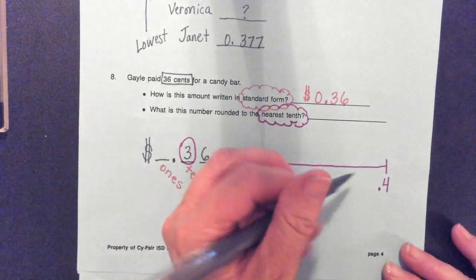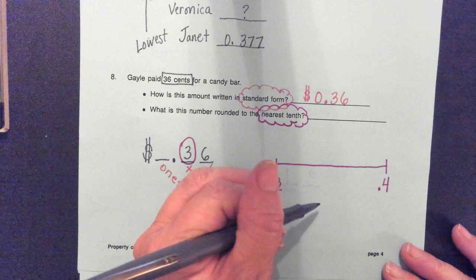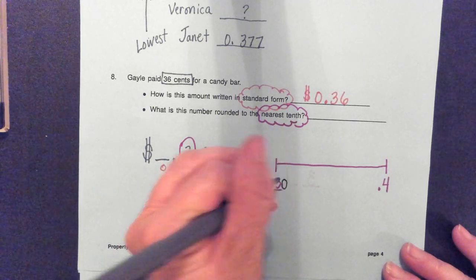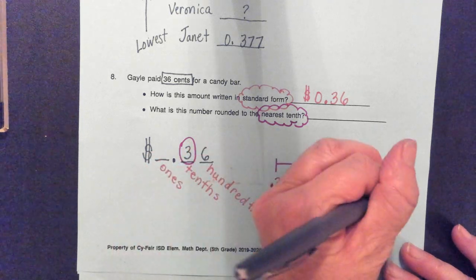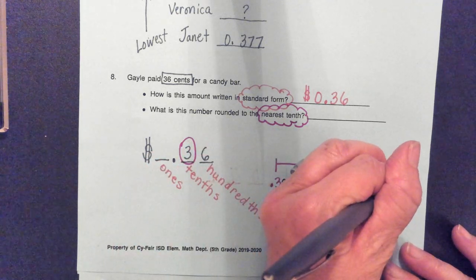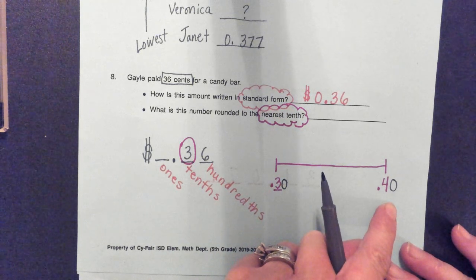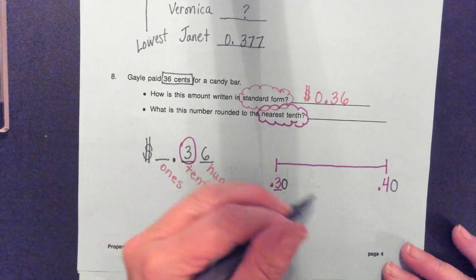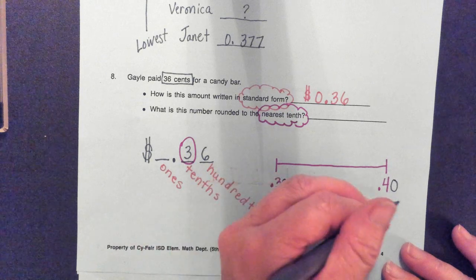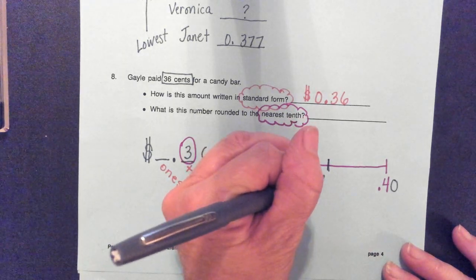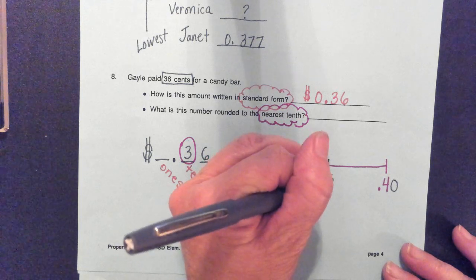So I have to think about what is between. If I put a 0 on the end of 3 tenths, and a 0 on the end of 4 tenths, that makes it 30 hundredths and 40 hundredths. And what would be between 30 and 40? Well, between 30 and 40 is 35 hundredths.